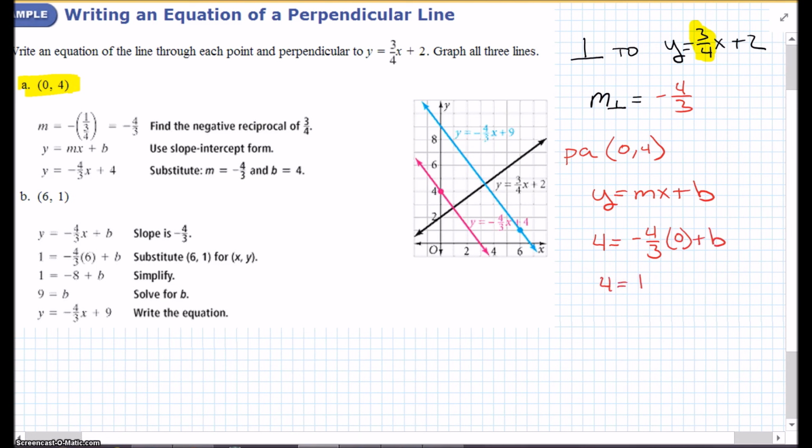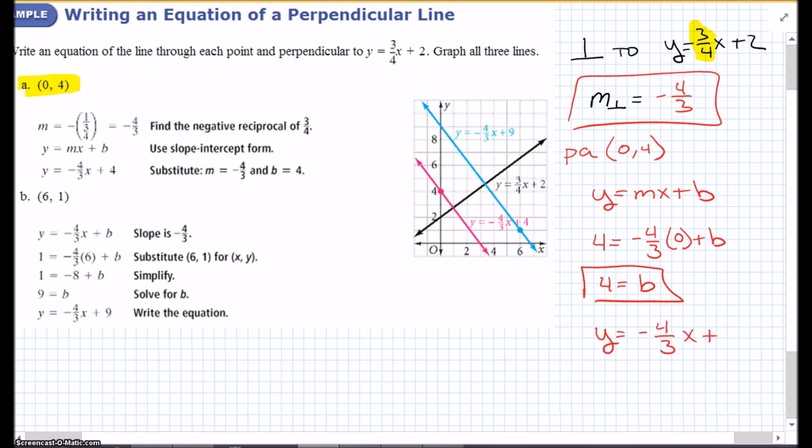So 4 equals b. So now we have our y-intercept and we have our slope. So we can rewrite as y equals negative 4/3 x plus 4. So for A, this is our equation for a perpendicular line that intercepts 0, 4.